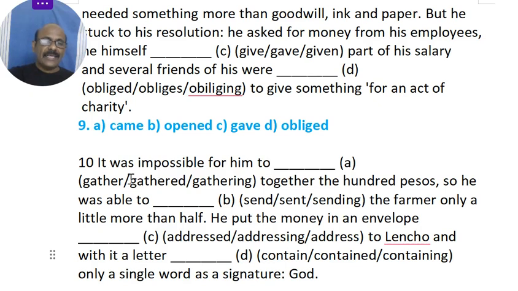That is gather. It was impossible to gather. So he was able to just send, V1 only. To plus V1. He put the money in an envelope dash to Lencho. That is past tense only, in a verb, addressed. And a letter, yeah, containing only a single word, the signature of God, like this.